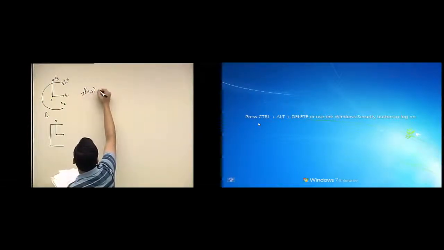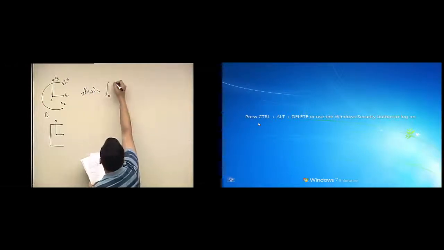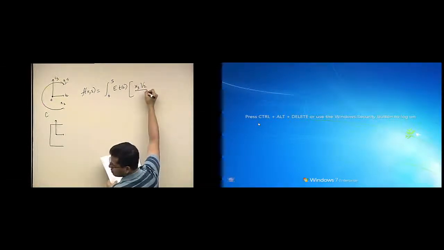So now we obtain the shear flow by integrating this equation from 0 to S of E Ts x3 v3 over h22 plus x2 v2 over h33, and there's a negative sign there, plus the integration constant c.